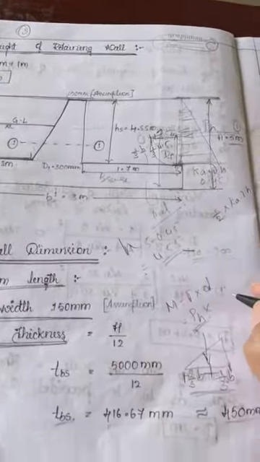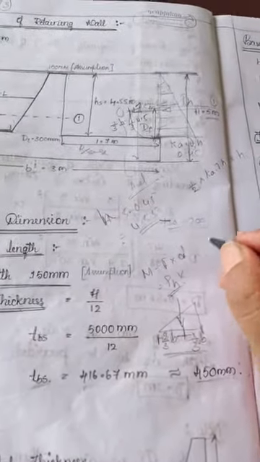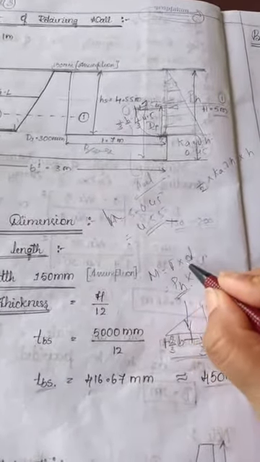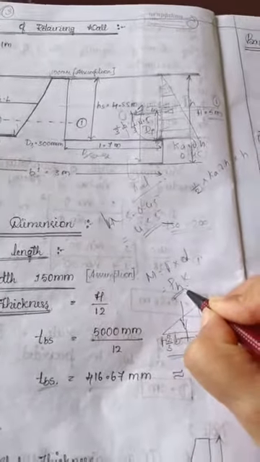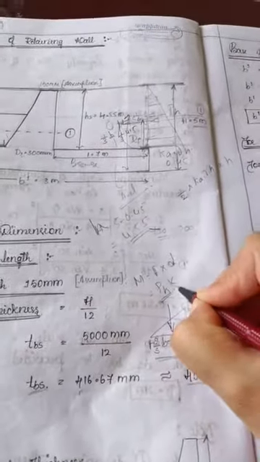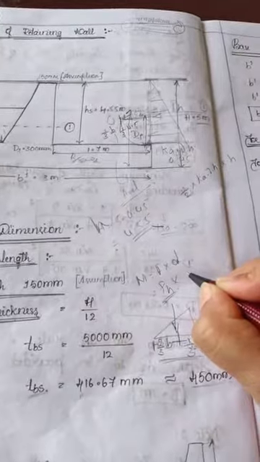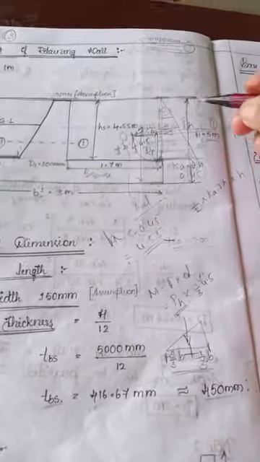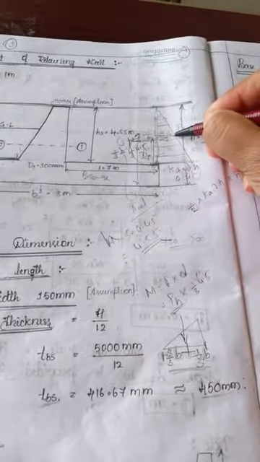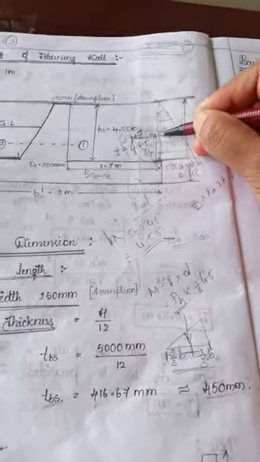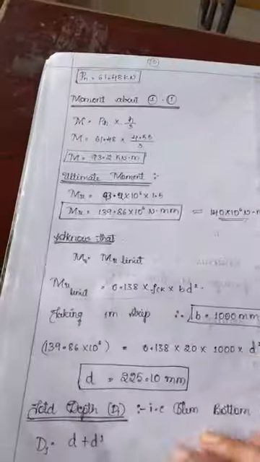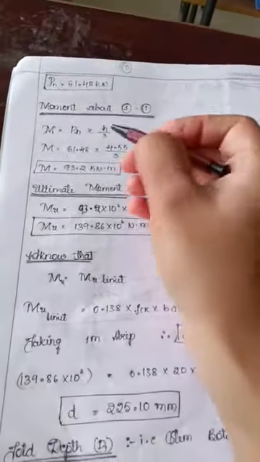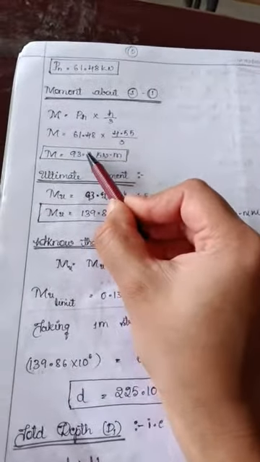And then here we are going to find the moment. How do we find the moment? M is equal to F into D. The F value is pH, and the perpendicular distance value, how much do we write? 1/3 into 4.5, the perpendicular distance up to the centroid of this triangle. That is what we find, the moment about section 1-1.